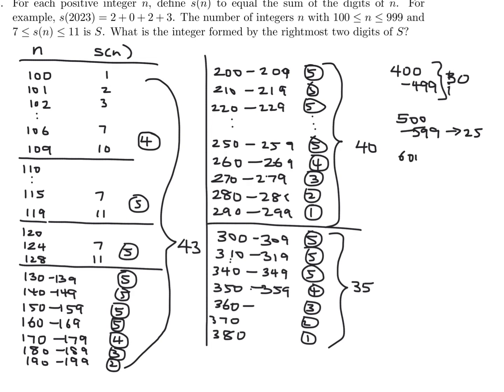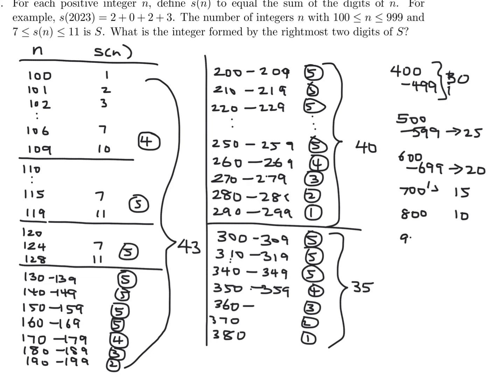And then 600 to 699, that's going to be 20. And then the 700s, that's going to be 15. The 800s would be 10.